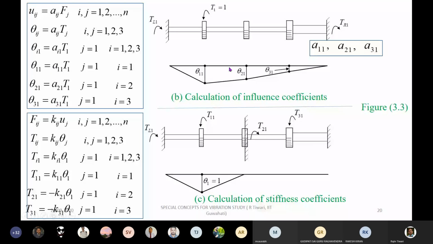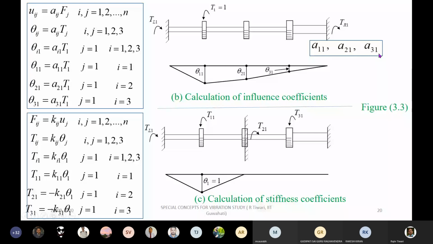So these three flexibility influence coefficients I have written here. When I'm applying the torque at one location, I get the influence coefficients with second subscript 1. So A11, you can see the second subscript is 1; here also, second subscript is 1; here also, second subscript is 1.